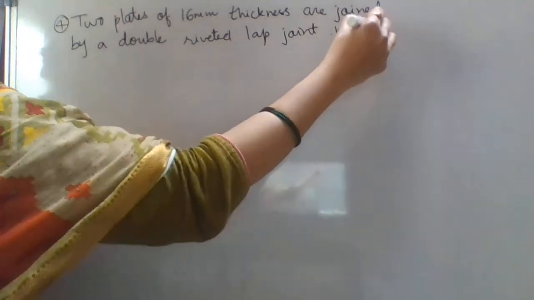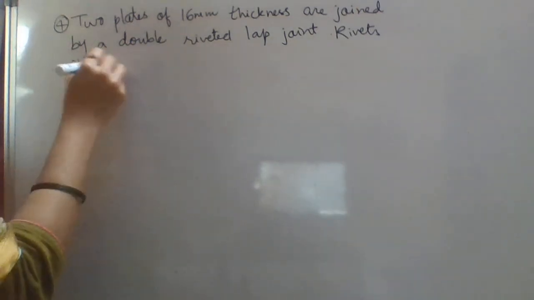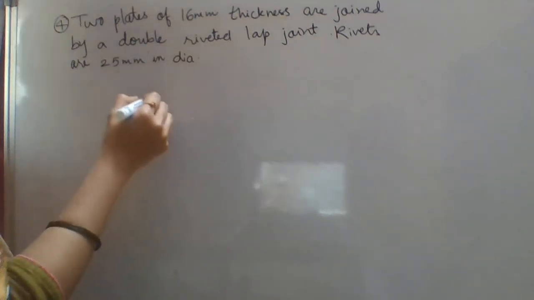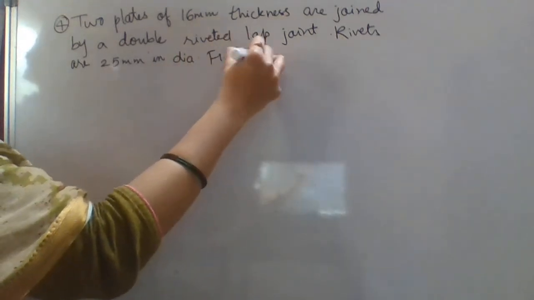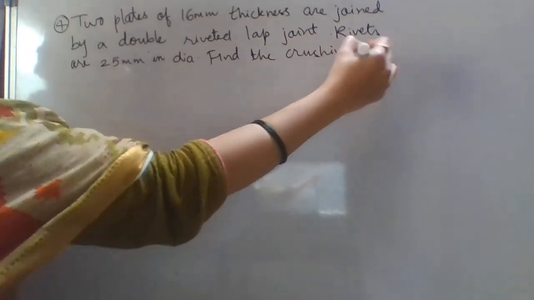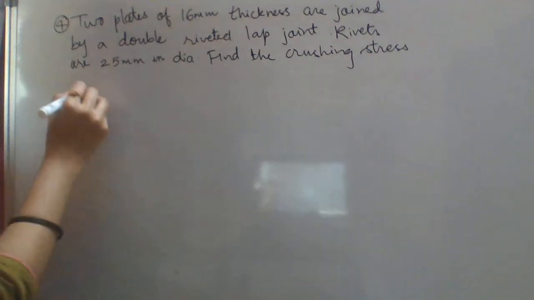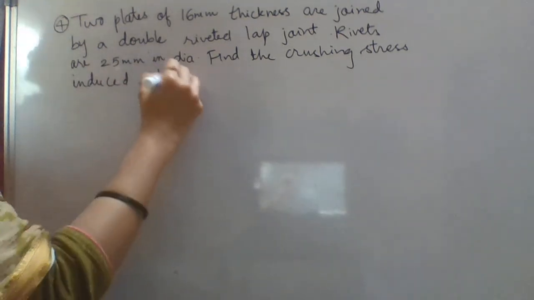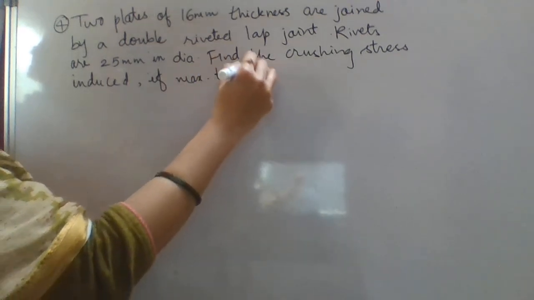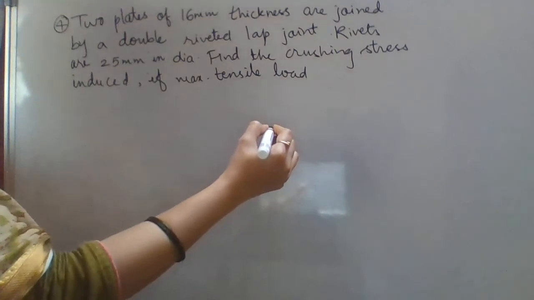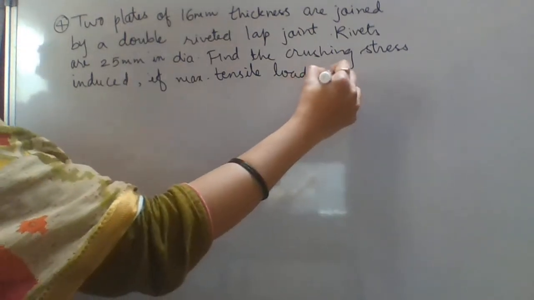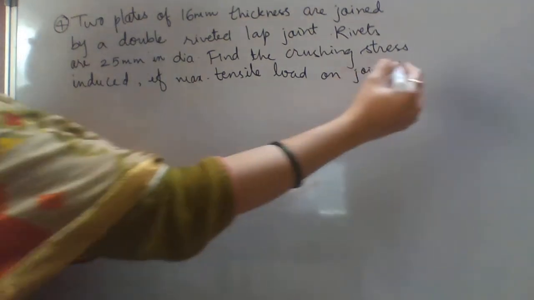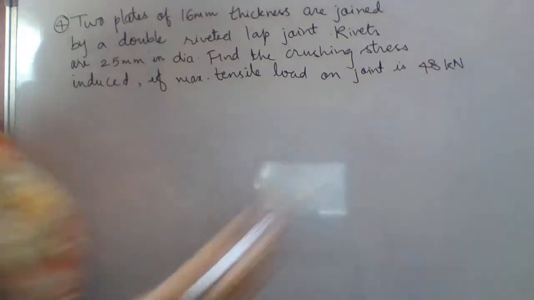Rivets are 25 millimeter in diameter. Find the crushing stress induced if maximum tensile load on the joint is 48 kilonewton.